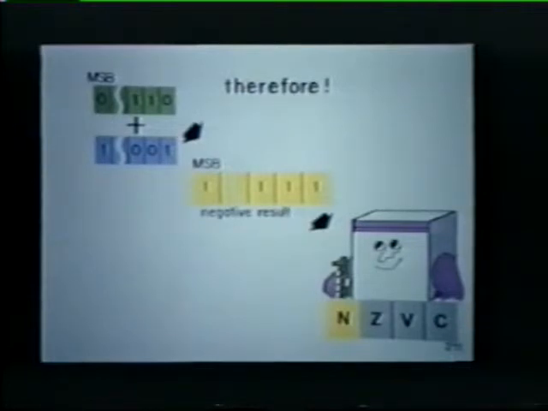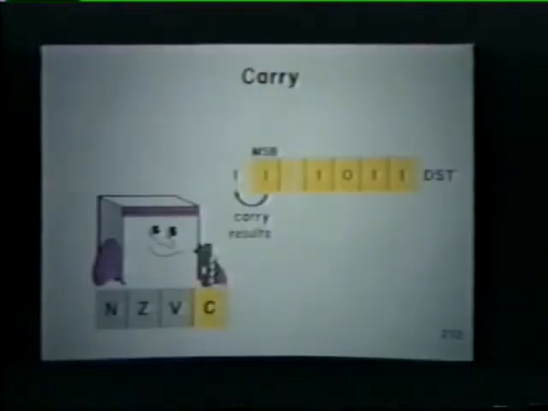Now, let's look at another one of our condition code bits. The CPU sets the C condition code bit when it sees that the instruction has caused a carry out of the most significant bit of the result. For example, here we are adding 2 numbers. This addition results in a carry out of the most significant bit of the answer.